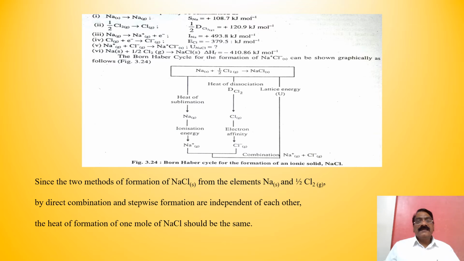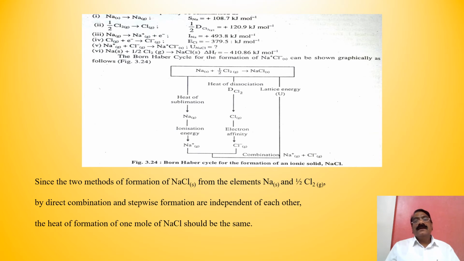Then Cl2 gas will first get dissociated and form gaseous Cl atoms. Then in the second step, it accepts an electron and is converted to the gaseous Cl minus ion. And then in the next step, gaseous Na plus and gaseous Cl minus combine to give solid NaCl.